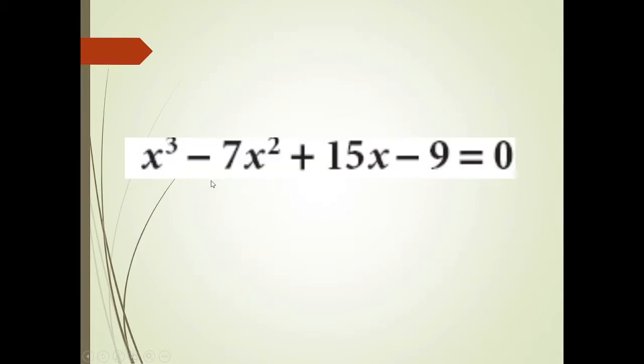And then, for example, x cubed minus 7x squared plus 15x minus 9 equals 0. Kunin natin ang degree. Sabi, it is the largest exponent. So, heto siya. 3. Therefore, the degree equals 3. Next. This one, kailangan din natin ito.